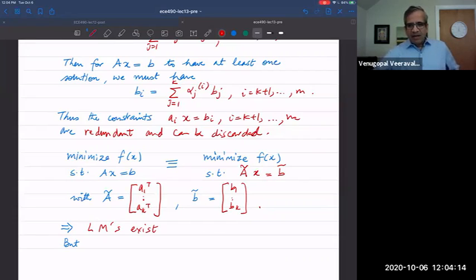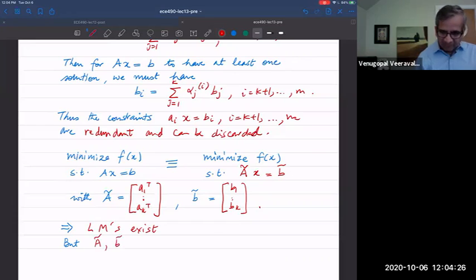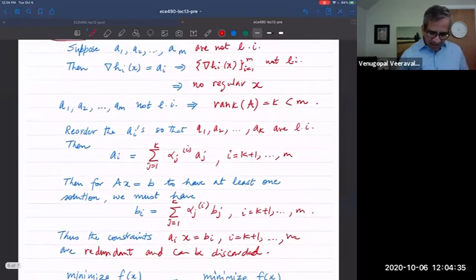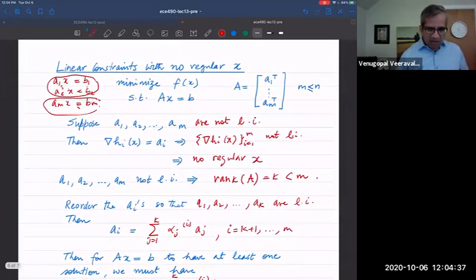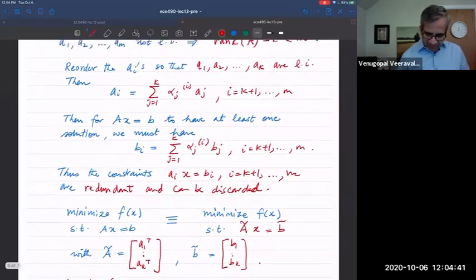But there's another interesting fact here, is that you don't have uniqueness anymore. And the reason why you don't have uniqueness is because the A tilde, B tilde may not be unique. Because I could have chosen some other set of k linearly independent vectors to construct my A tilde.